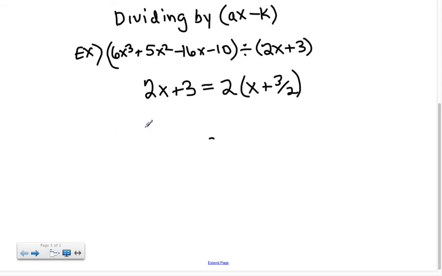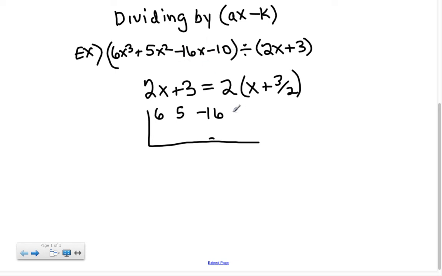All right, so let's set up our synthetic division just like we did before. So we have our upside down divided by sign, and I'm going to write the coefficients of each term. So I have a 6, I have a 5, I have a negative 16. Notice I don't have any missing powers. I go 3, 2, 1, 0.